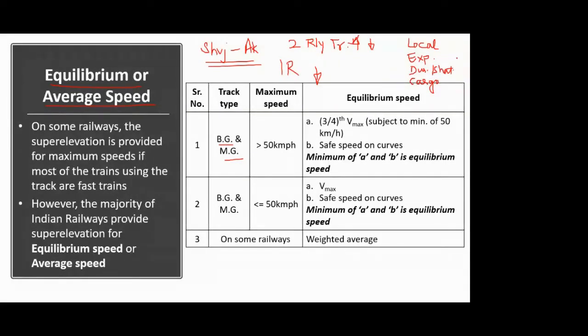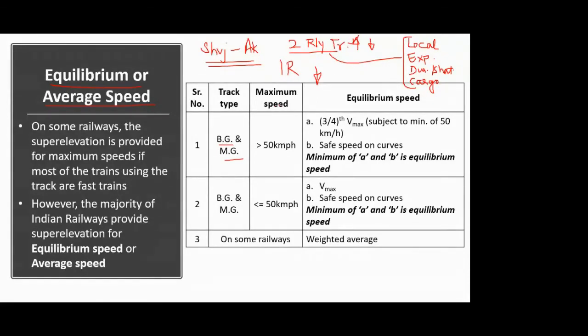All these trains use these two railway tracks, but the speed of each train is different. Local trains traverse with a different speed. Express trains have more speed. Duronto and Shatabdi have the highest speed in that section. Cargo trains are the slowest in this section.